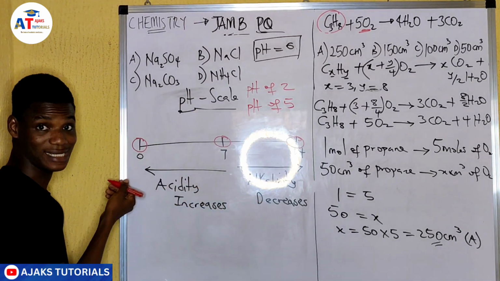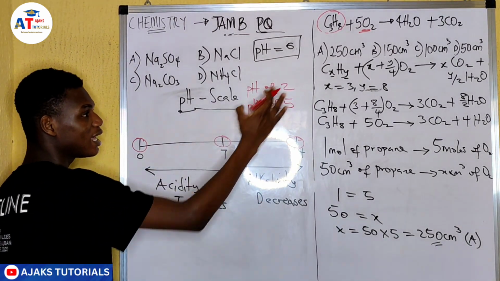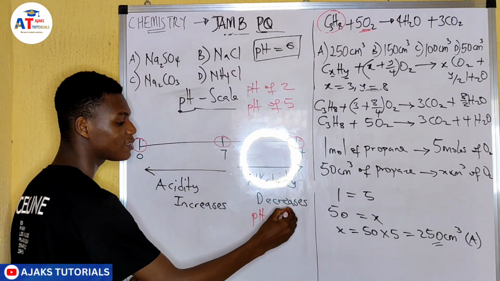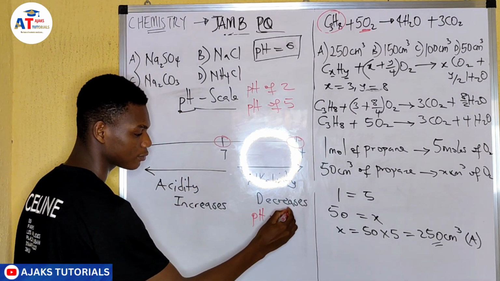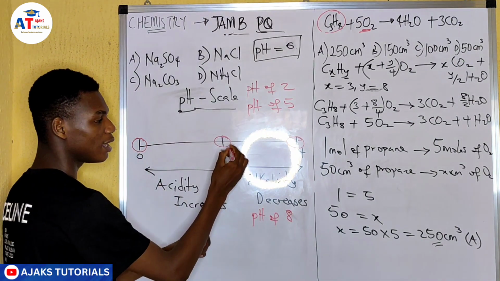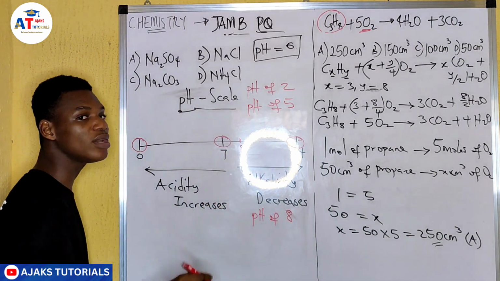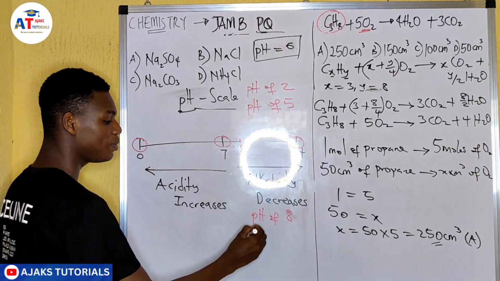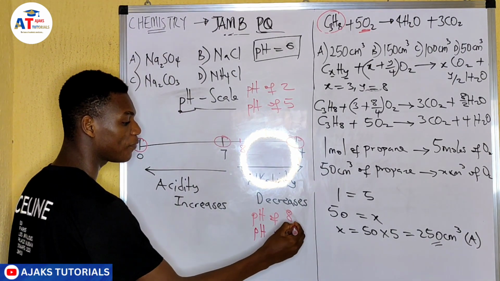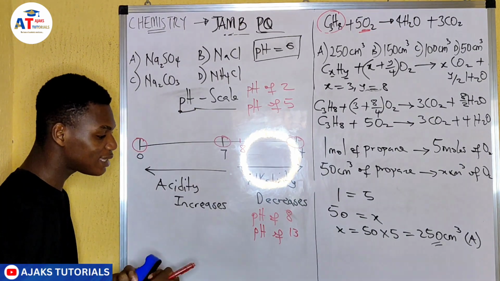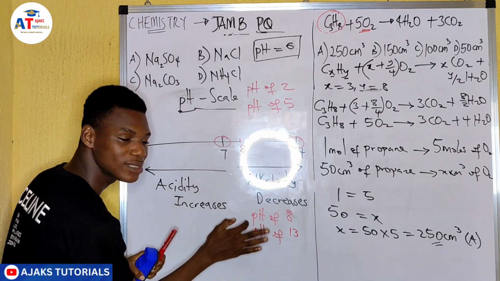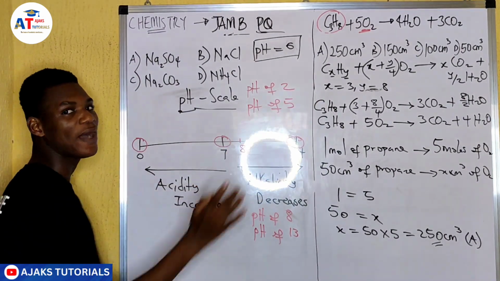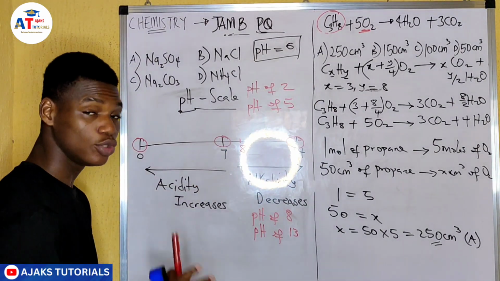It also means that a pH value of 8 is less basic or less alkaline than a pH value of 13. It means that 13 is more alkaline than 8, but 2 is more acidic than 5. Do we understand?